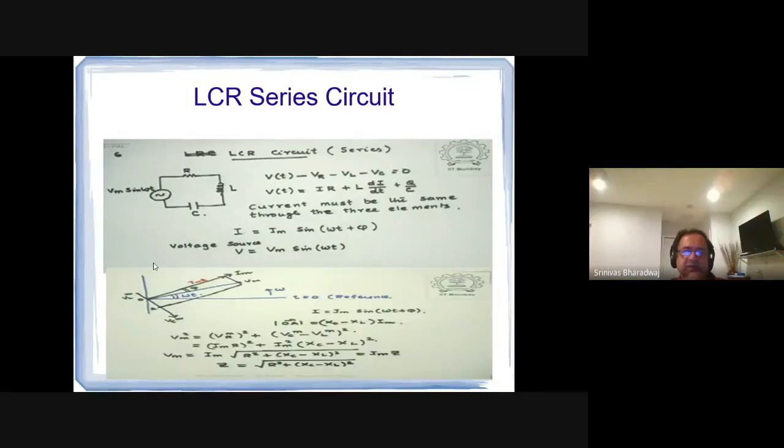Now the LCR circuit, just to keep things simple, is most often written as connected with R, L, and C. Based on how well the L and the C interact with each other, they could completely cancel out each other, which relates to this idea called resonance.